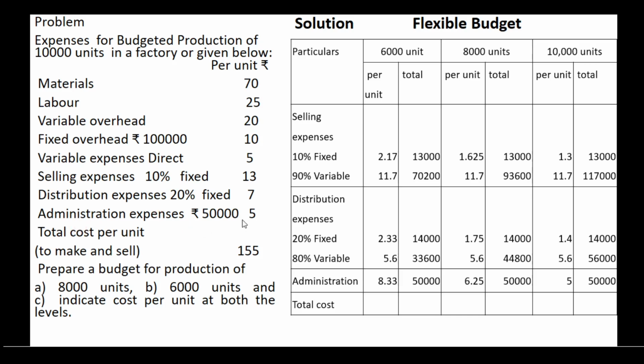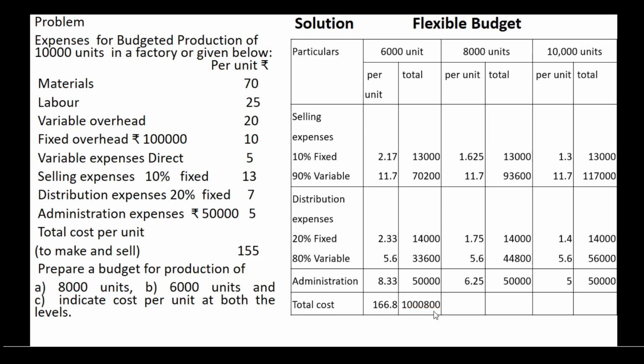When we take the total, we can see what the total cost is. First we take the total of per unit, the cost per unit under the 6,000 unit, that is 166.8 rupees. The total cost of the 6,000 unit is 10,800 rupees.